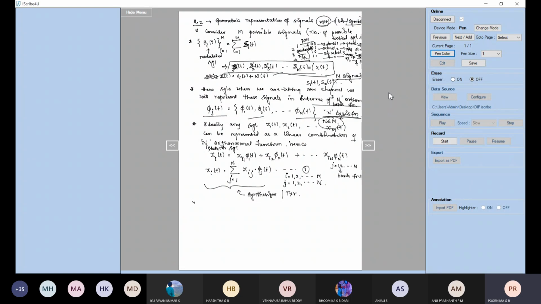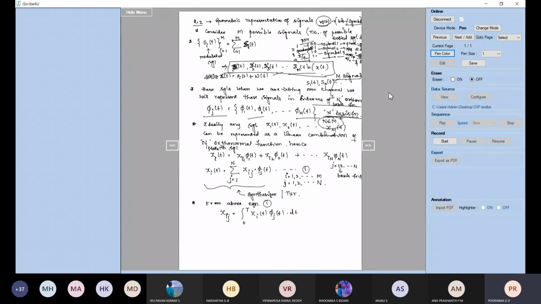If you consider equation 1 from the above equation, this xij, what is that? xij is equal to the integral from 0 to T of xi of t into phi j of t into dt. What does that mean? What is the signal that you have transmitted? The signal which is getting transmitted over a channel is xij into phi j of t.